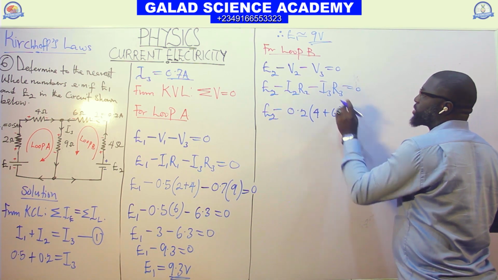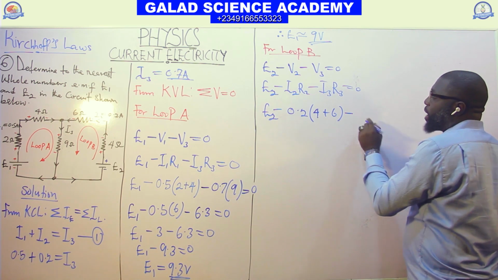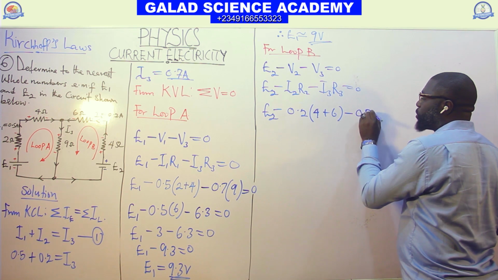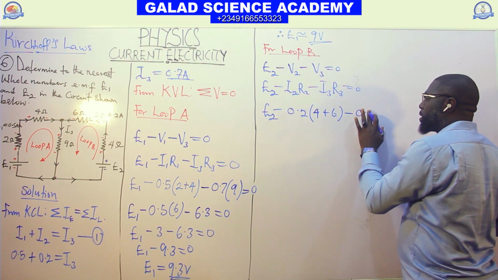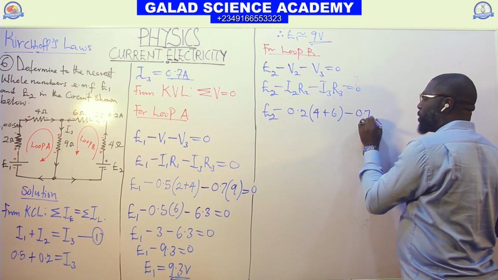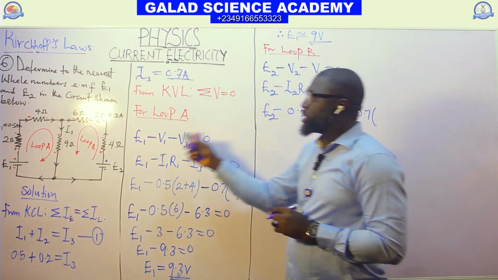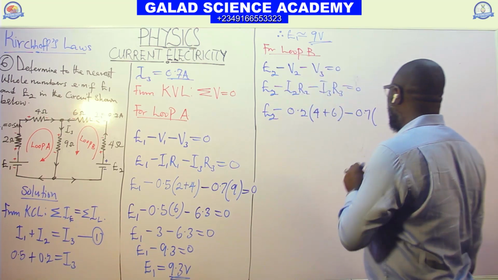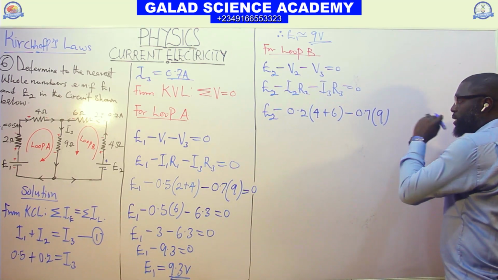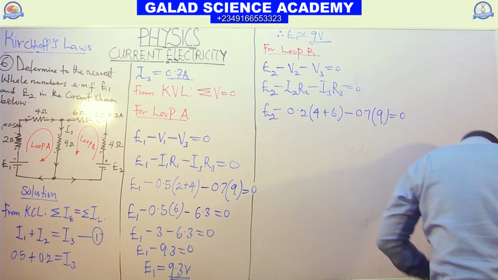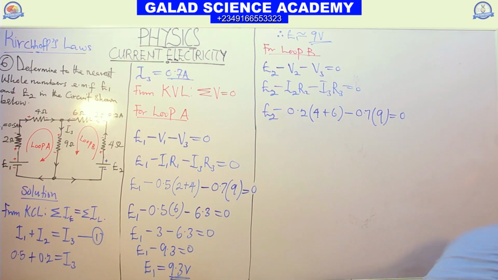Then minus R3. R3 current is 0.7 into bracket, the resistance for R3 is 9. 9 ohms is the resistor for R3. Everything equal to 0.